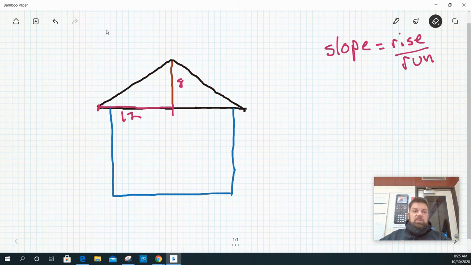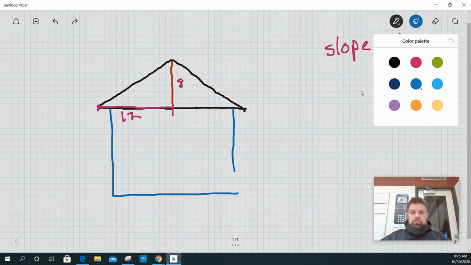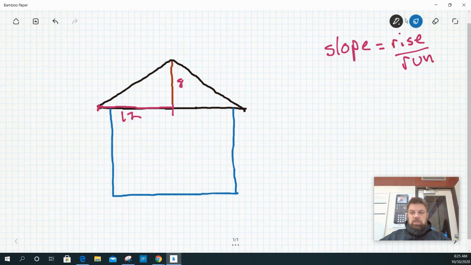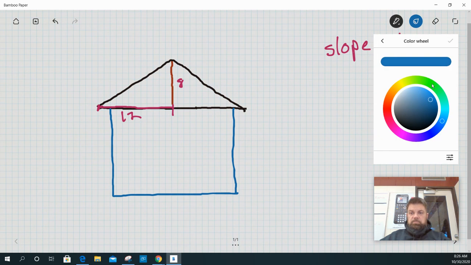So what I'm really looking for is the vertical change over the horizontal change. Consider the slope of this roof.